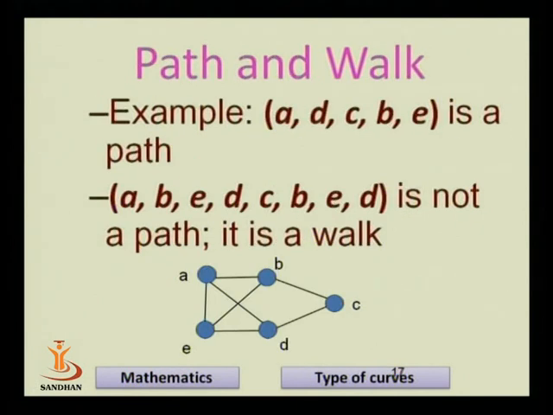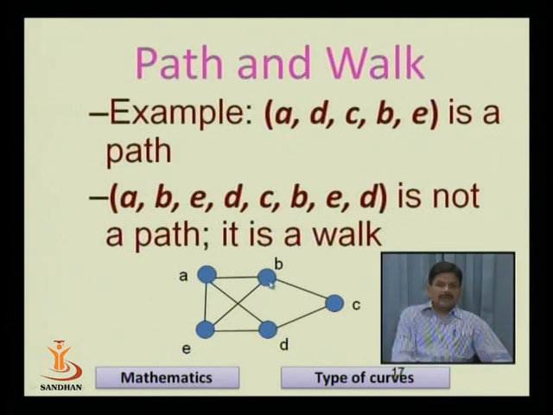Here is the illustration of a path and a walk. The first illustration is of a path in a given graph. Vertices A, B, C is also a path. A, B, E, D, C is also a path in the given example.